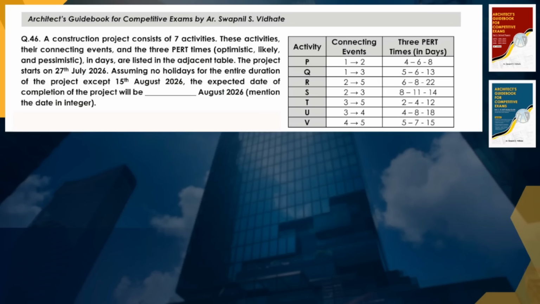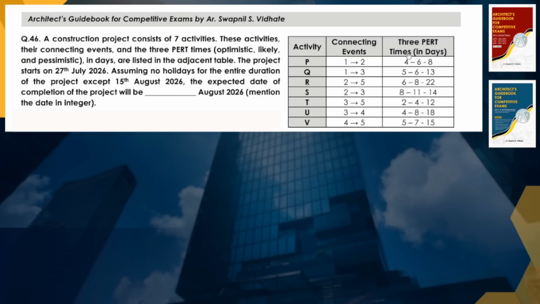Question 46. A construction project consists of 7 activities. These activities, their connecting events, and the 3 PERT times, that is optimistic, likely, and pessimistic in days, are listed in this adjacent table. Column 1 has the activities, column 2 the connecting events, and column 3 shows the 3 PERT times.